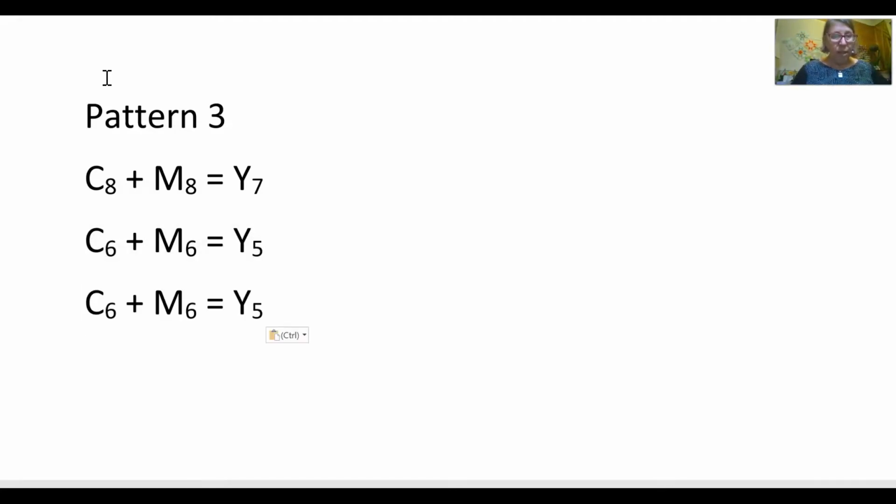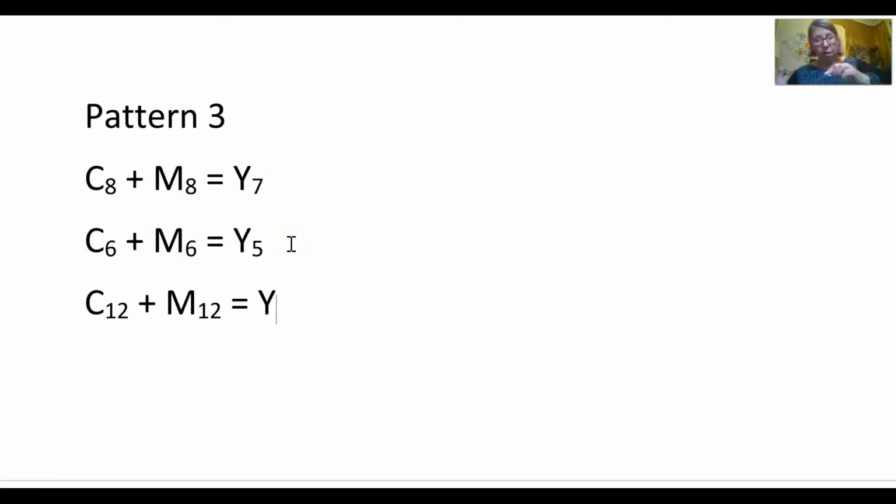And if I wanted to imitate this with a different number like 12, if this one is 12, this one should also be 12 because the subscript on the C and the M are the same. Well, and then how would I figure out what this one is? It goes 8, 8, 7. It goes down 1. 6, 6, 5. It goes down 1. So 12, 12, it's got to be 11, right?